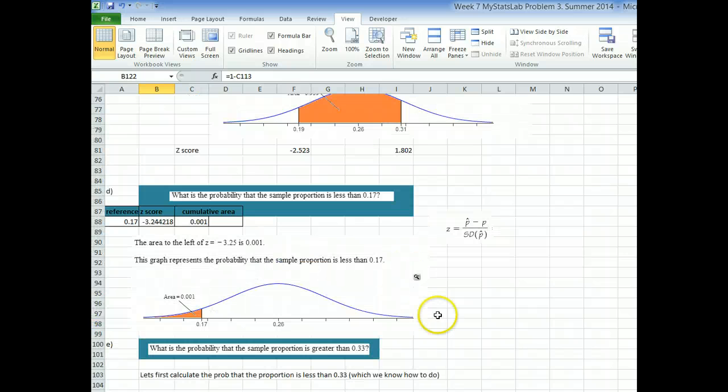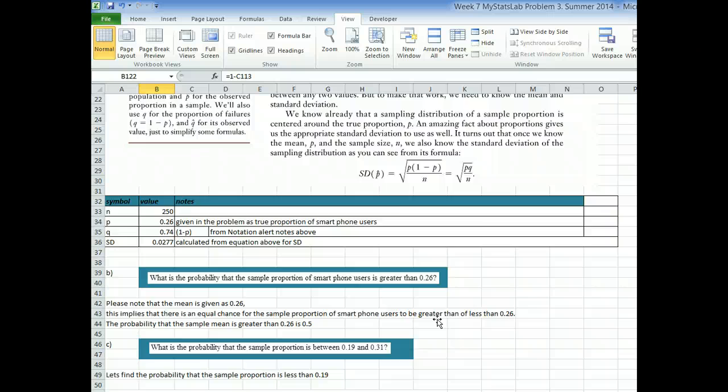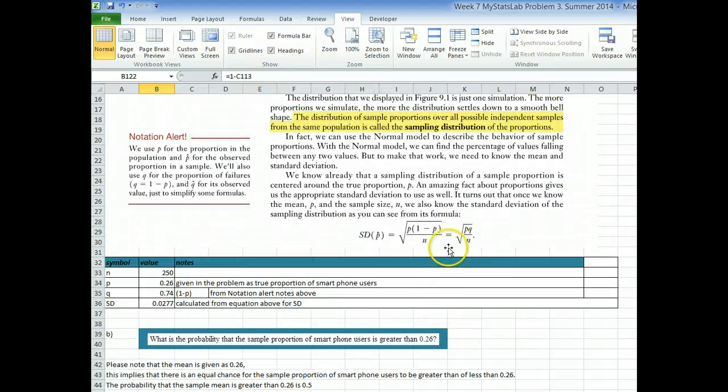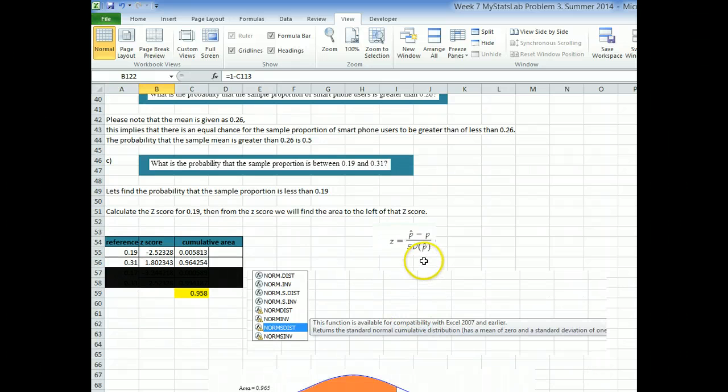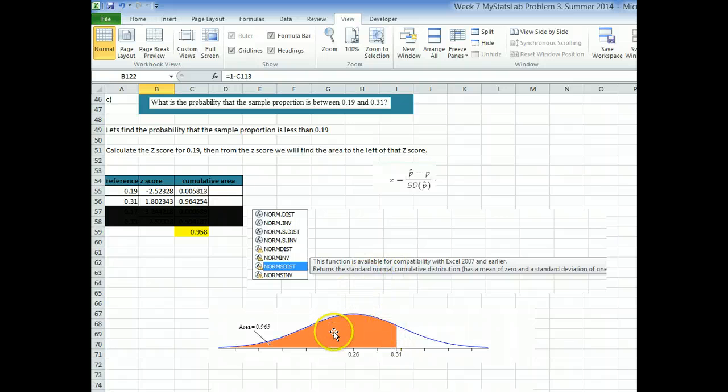If you remember the basic principles that we used throughout this, the first formula was to find the standard deviation. Then from that, for each proportion, we can find a z-score, and having found a z-score, the NORM.S.DIST function now tells you the probability of having a proportion less than that corresponding z-score.